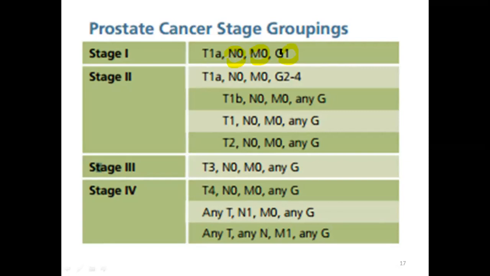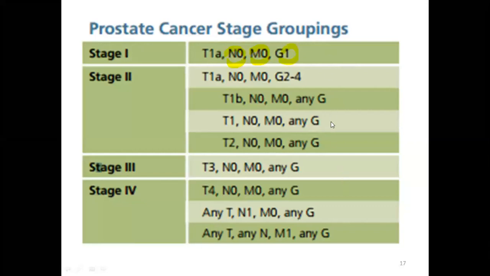The higher the Gleason score, the more aggressive the disease and the more poorly differentiated the tumor. The Gleason scale shows the similarity between the cancer cells and normal cells from the biopsy result. So the higher the score, the more poorly differentiated the tumor, the more aggressive it is and the poorer the prognosis. This is how the staging can be made.